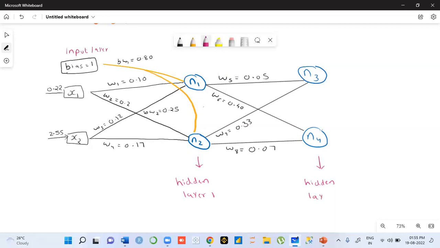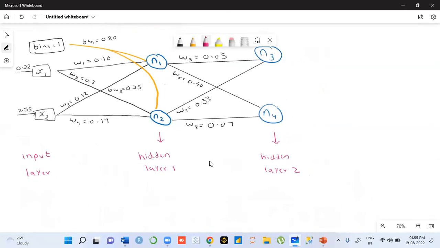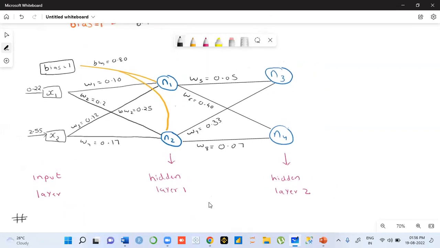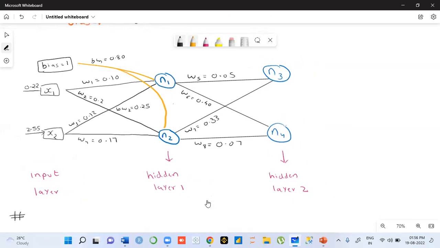You can draw the diagram, guys, if you want. This is my... what should be the formula, guys, over here? N1 W5.